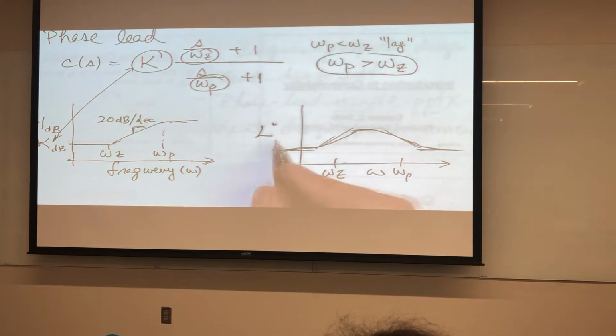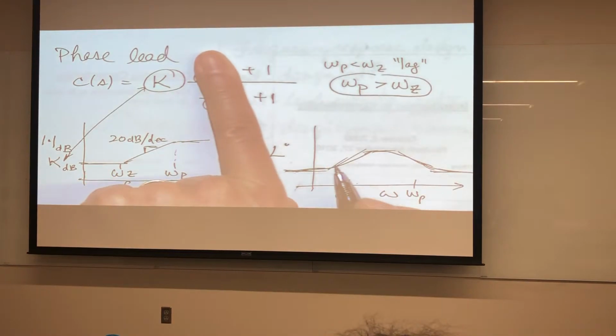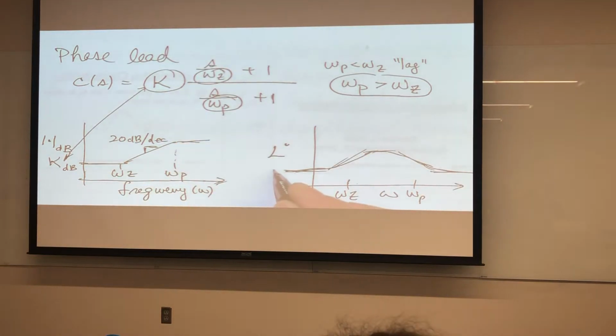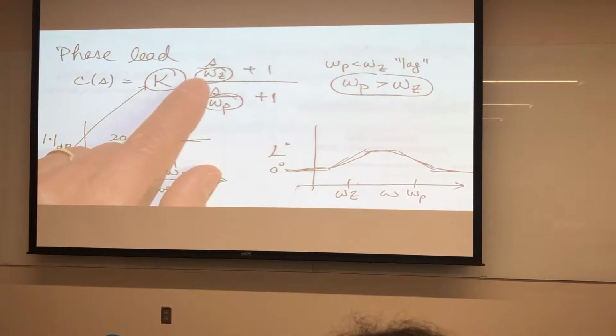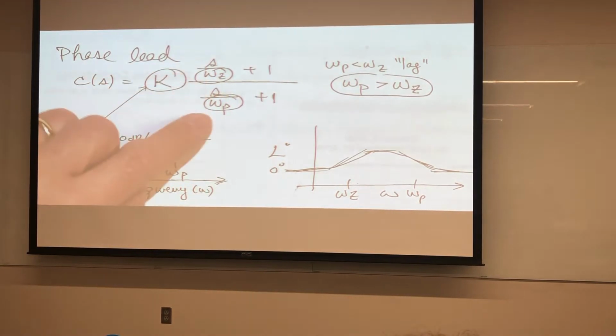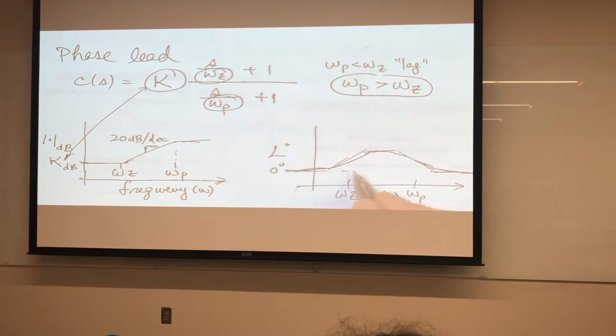It's going to start off at low frequency. At very, very low frequency, let's remove these two terms, and we see that the phase is going to be equal to 0 degrees. At very, very large frequencies, it doesn't matter what omega z and omega p are. If this is huge and this is huge, you get huge over huge, which is approximately 1 again, and so we're back to 0 degrees. But in the middle, we get a positive phase.